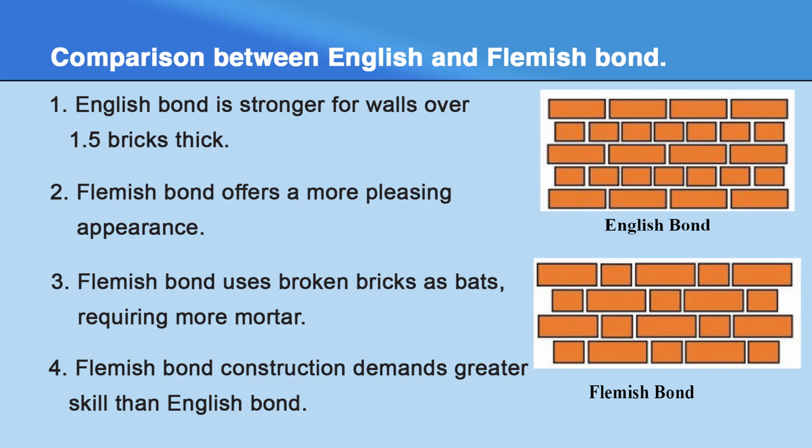The Flemish bond uses broken bricks, which are called bats, and therefore they require more mortar because more joints will be there. So, more mortar will be needed. The Flemish bond construction demands greater skill than the English bond.